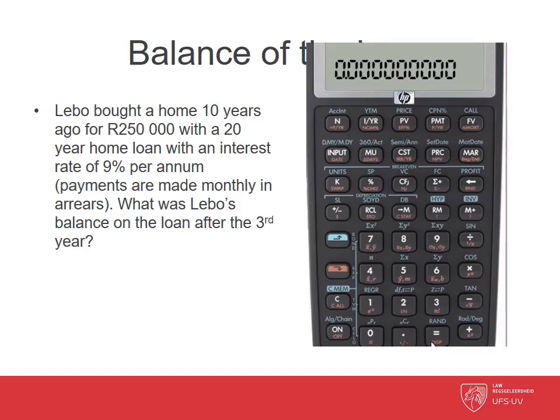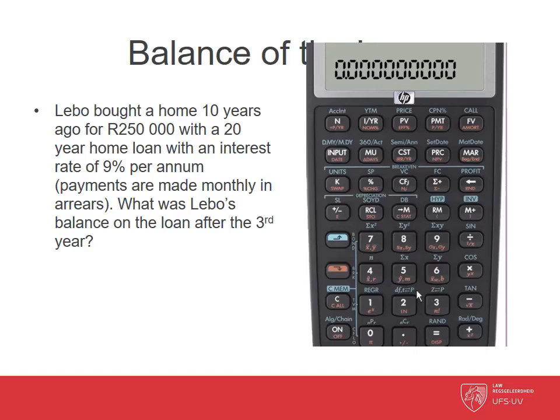Let's look at another example on how to calculate the balance of a loan at any point during the loan. You will see I'm still using the example of Lebo, and it says Lebo bought a home 10 years ago with a 20-year home loan, and then it says what was Lebo's balance on the loan after the 3rd year. So you do everything exactly the same.